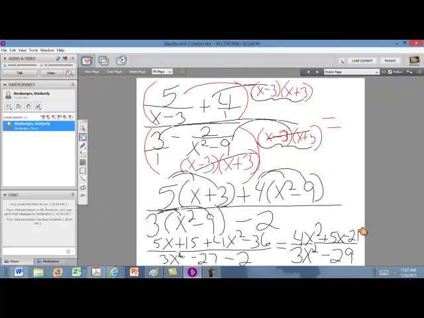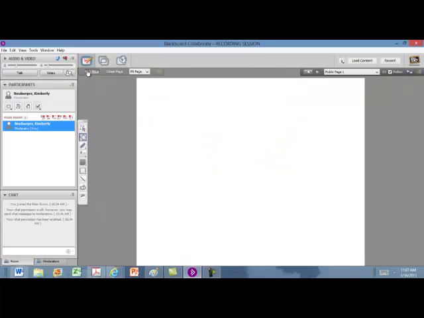So let's take this part right here to another page and factor it, and you'll see that it's the same. So that was 4x squared plus 5x minus 21.